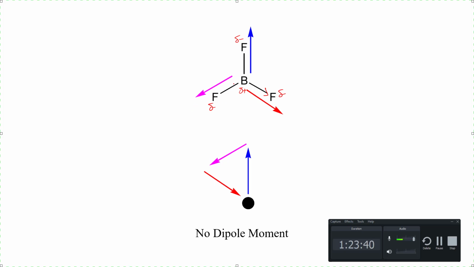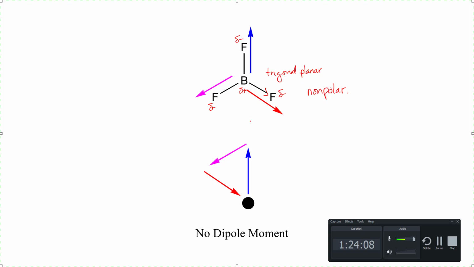Well, whenever you have a symmetrical molecule, and this would be trigonal planar in its geometry, when you have the bond dipoles and the molecule's symmetric, they're going to cancel each other out. So BF3 is a nonpolar molecule.